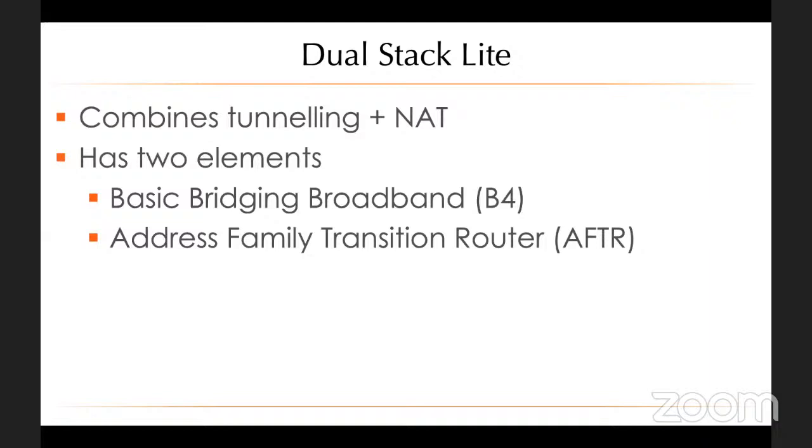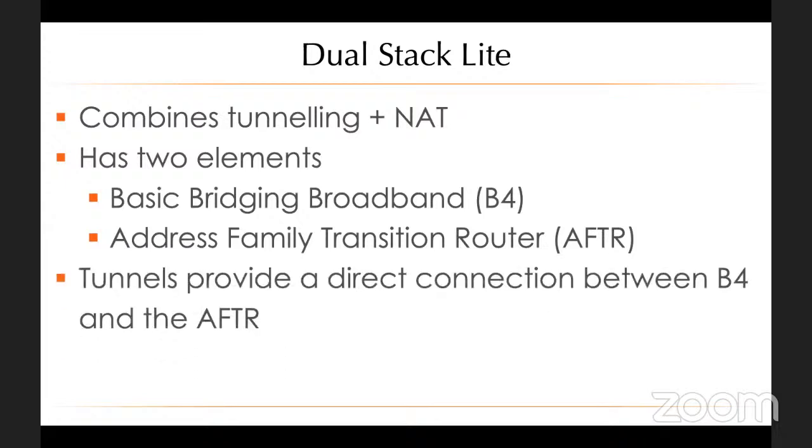It has the Basic Bridging BroadBand element, or the B4, and the Address Family Transition Router, the AFTR. The B4 is just the CPE. Then the AFTR is what does, you can even picture, what does NAT currently, CGNAT currently. That's the AFTR. And then, of course, the tunnels are going to provide a direct connection between the B4, the CPE, and the NAT device, the AFTR.